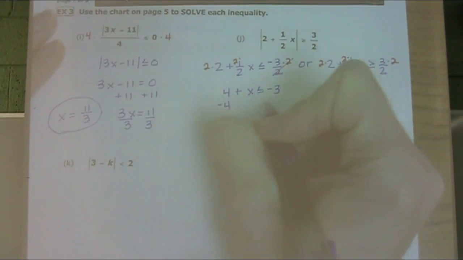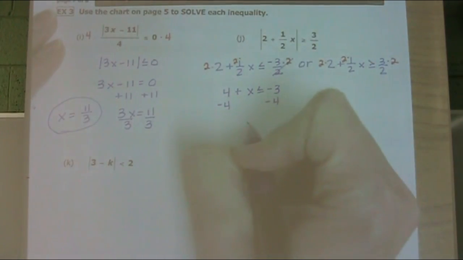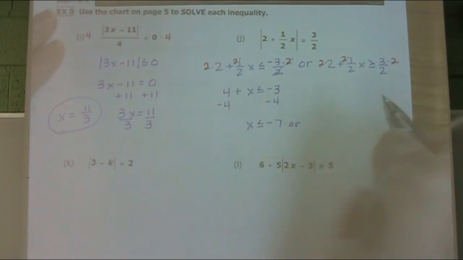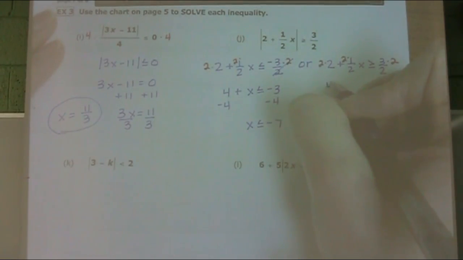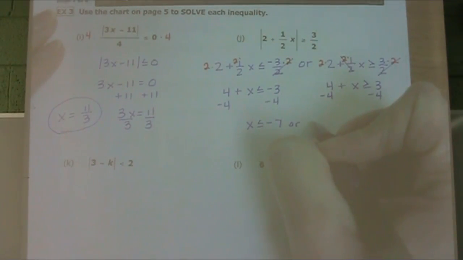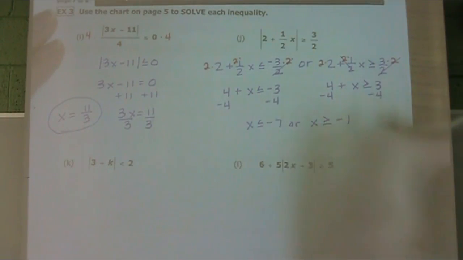Subtract 4 from both sides, and I have x is less than or equal to negative 7. Or, over here, I'm going to start with 4. These 2's cancel and give me plus x is greater than or equal to. The 2's cancel and give me a 3. Subtract 4 from both sides, and I have x is greater than or equal to negative 1.